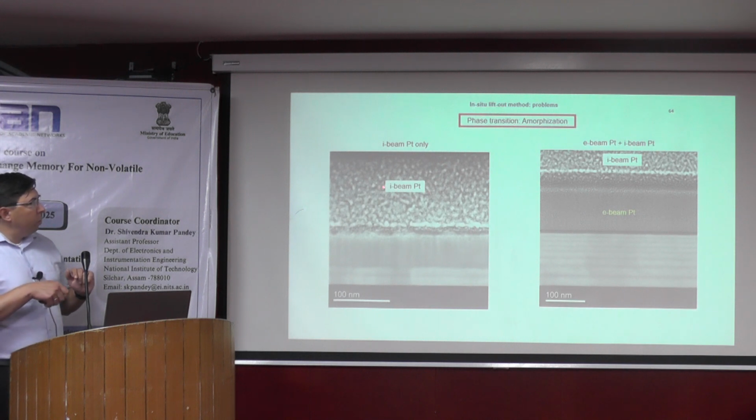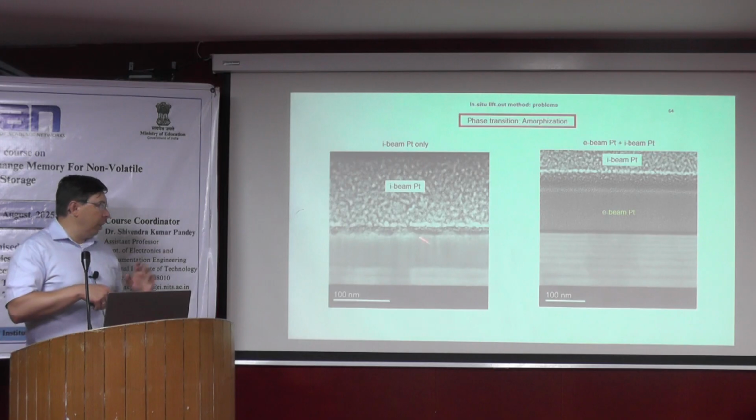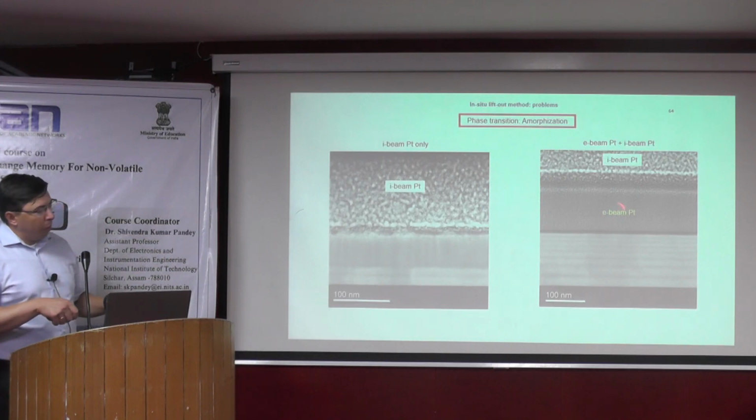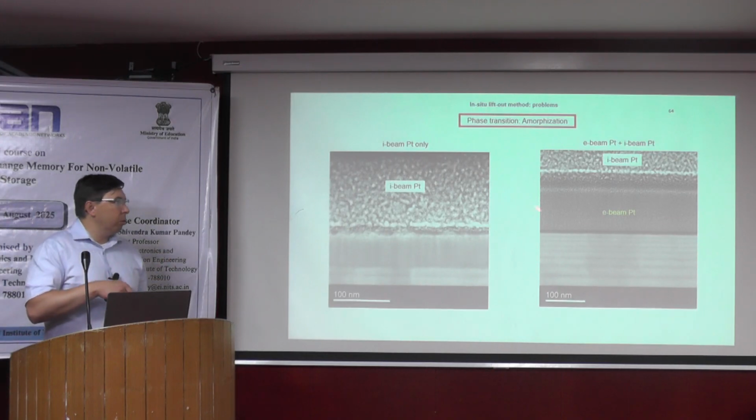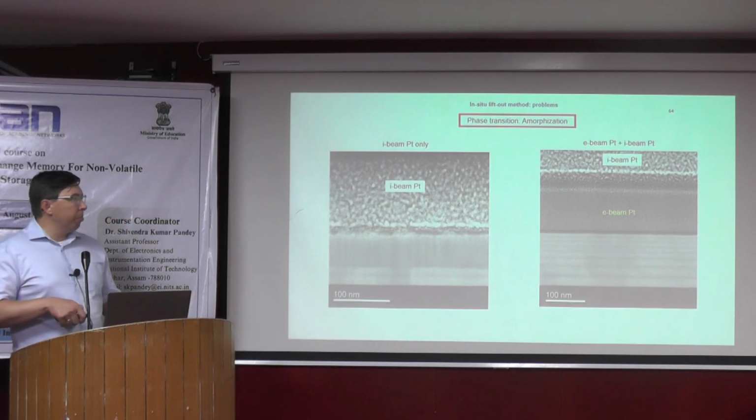If you deposit ion beam platinum, it can go directly into the surface of your phase change materials and amorphize it. In this case we were hurrying the preparation and thought we could skip this step, because it also takes several minutes, like 10 to 15 minutes, depending on the system.